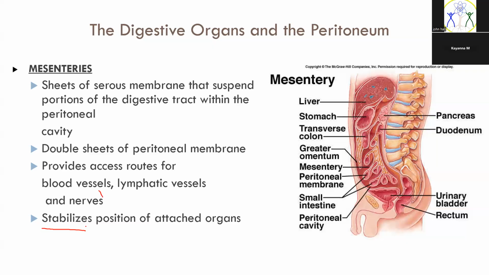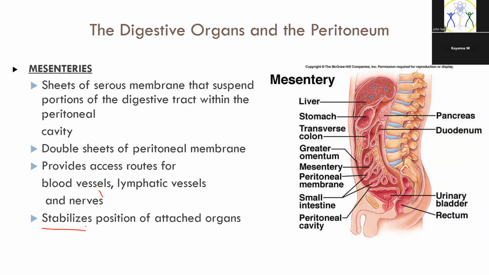That area there has to be anchored properly to your body wall because these are narrower tubes than the intestines. They're more susceptible to being damaged by twisting, okay?